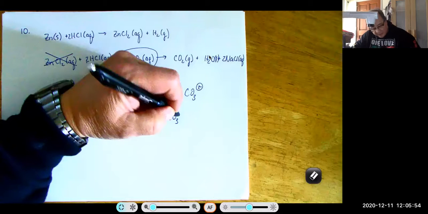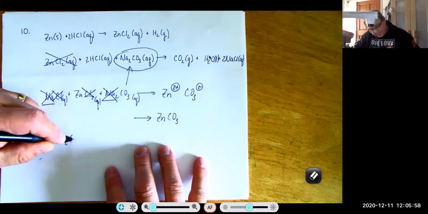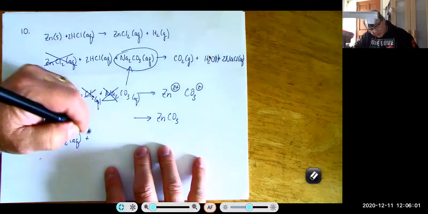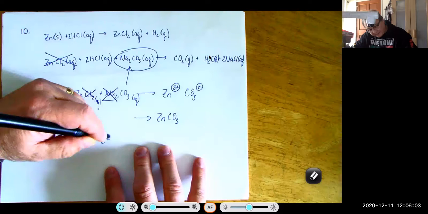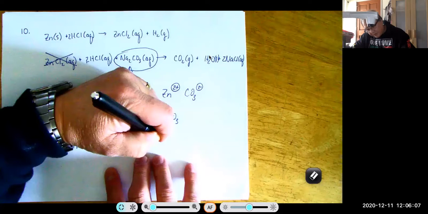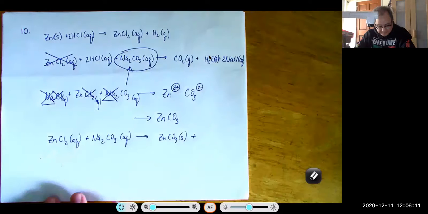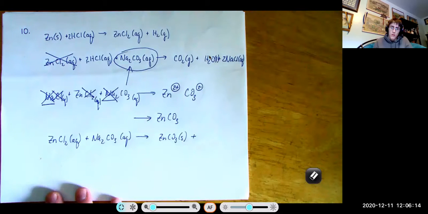So if we think about it, what's really happening is the zinc chloride is reacting with the sodium carbonate, making zinc carbonate, which is a solid, plus what's left over here? Chlorine and sodium, right?